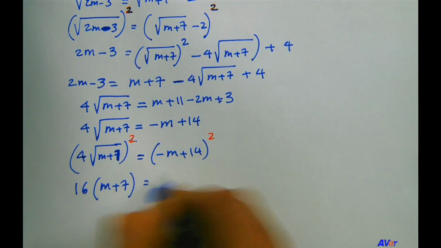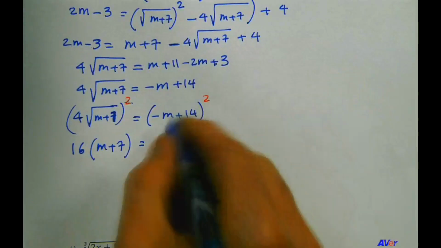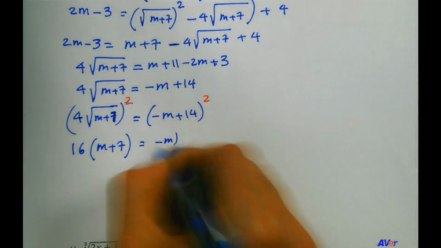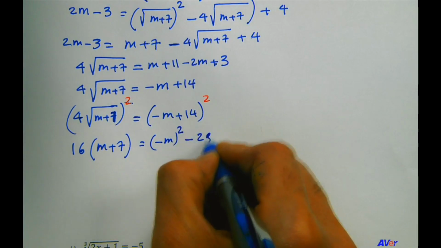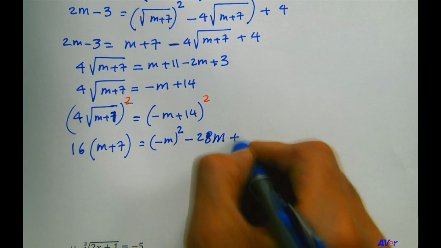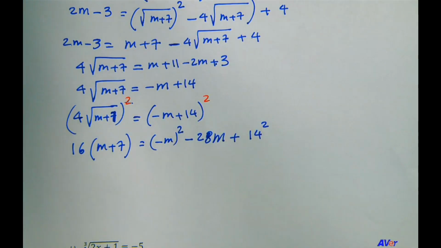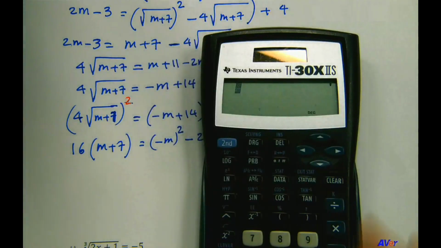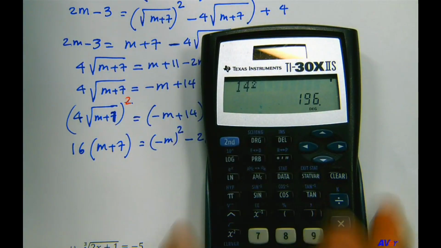On the right, again, we apply the special product formula. We end up with minus m squared minus 28m plus 14 squared, which should be, what is it? 14 squared. Let's see. Remind myself, 14 squared is 196.